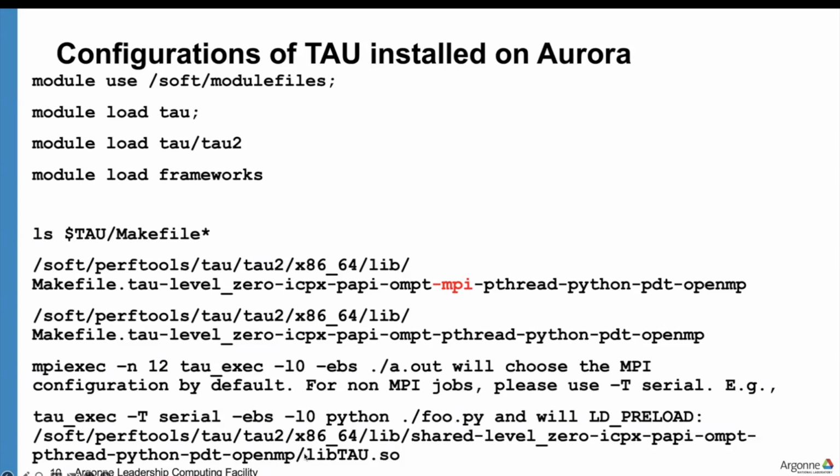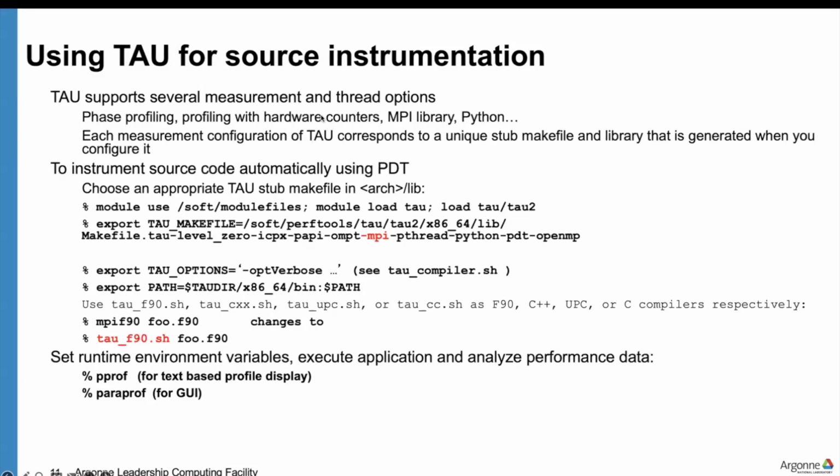And it will then load the libtau.so from the shared directory with the name that includes the tags like we see in the MPI name. So it just preloads this libtau.so, tau_exec will take care of that. And then there are some options like event-based sampling, Level Zero, that you can then use with, say, Python and other applications.